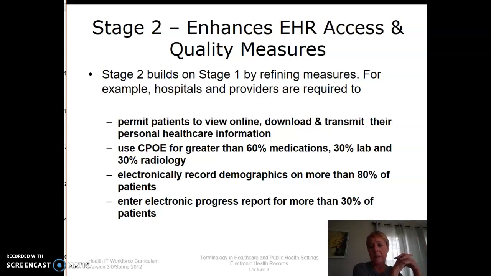Now CPOE makes for greater transmission of that data and less wait times, less errors too. Also, electronically recorded demographics for more than 80% of the patients so that it follows, and using that electronic progress report for more than 30%. So now they're measuring in stage two. Is the EHR working? What are we doing?